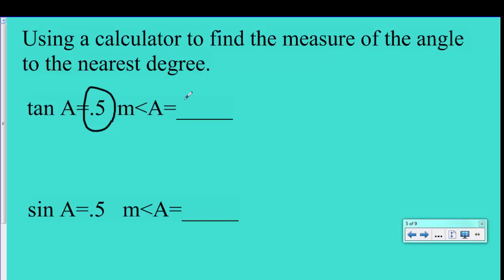So this one was approximately 27 degrees. And the other angle was approximately 30 degrees.